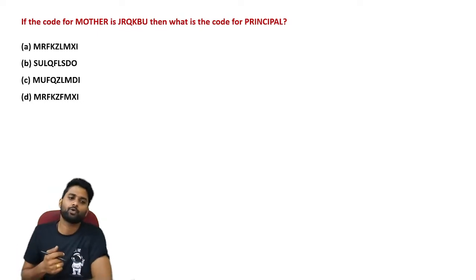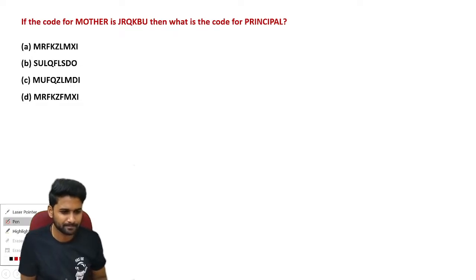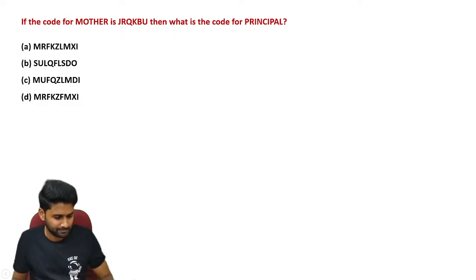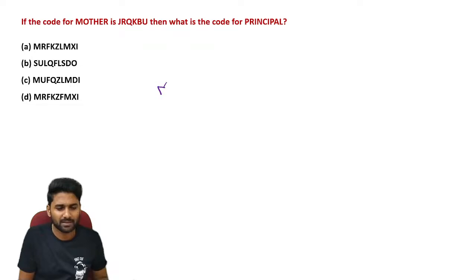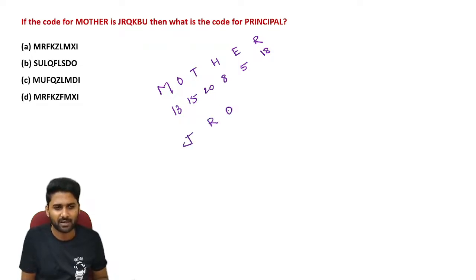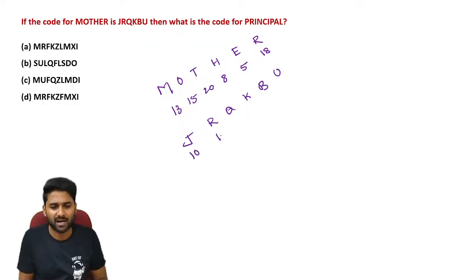Let's see this question from coding and decoding. See, if the code for MOTHER is... If you want to solve these kinds of questions, try to remember all the alphabetical positions. 13th letter, 15th letter, 20th letter, 8th letter, 5th letter, 18th letter, coded as J, R, Q, K, B, U. So you know that J is 10, R is 18, Q is 17, K is 11, B is 2, and U is 21.